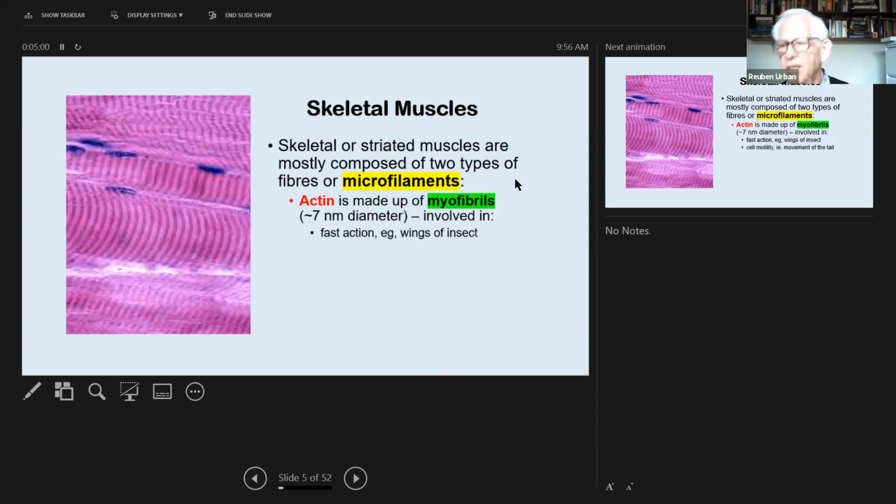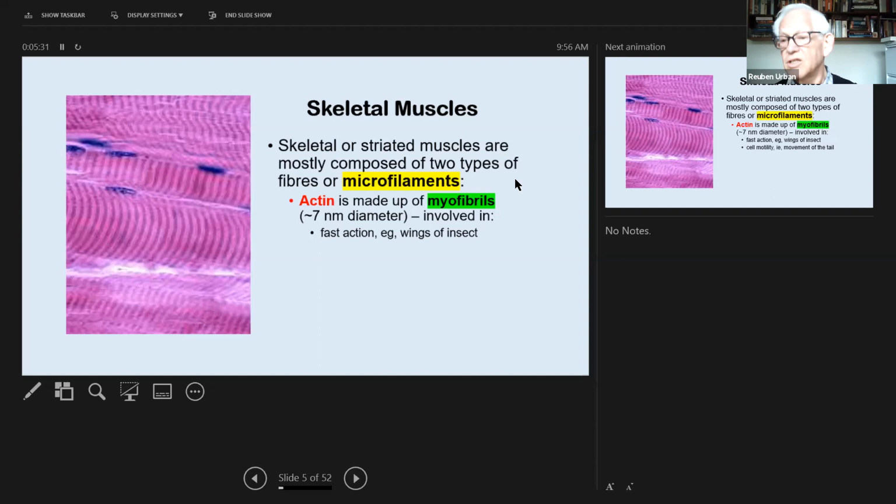Now, a nanometer is a thousandth of a micrometer, so a nanometer is a millionth of a millimeter. If you can imagine a millimeter in your head, how small that is, and divide it up into a million parts and take one of those, or 7 of those millionths, that's about the diameter of one of these actin fibers.